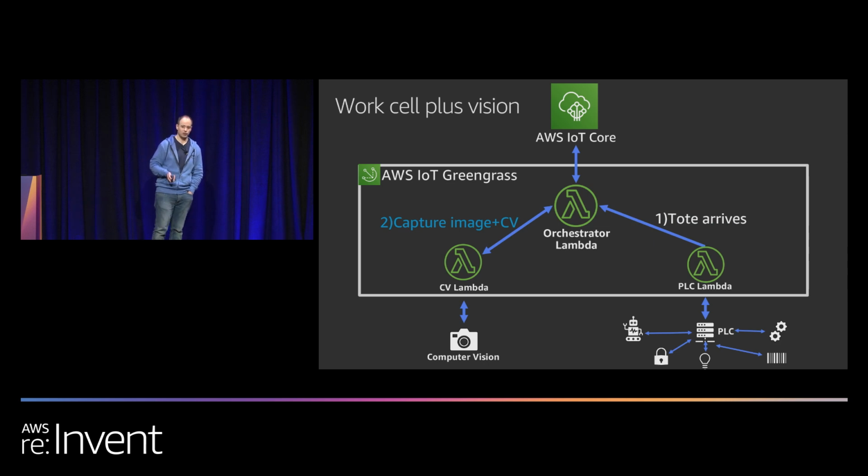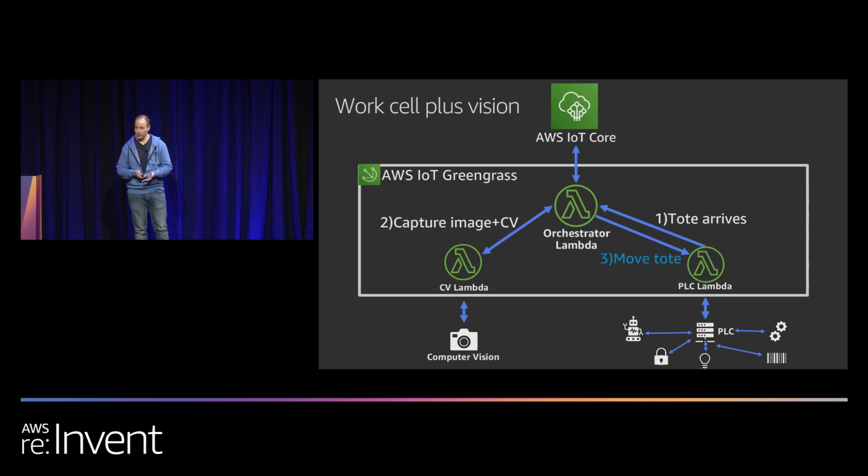The orchestrator is then going to communicate over to our computer vision lambda to capture some images, perform some computer vision algorithms, and determine, hey, is this tote a good one? Is the pallet in a good state? Maybe the tote is cracked, or maybe somebody accidentally sent down a box or another package that's not the right form factor for this Workcell. So let's use our computer vision system now to help solve those problems and take a look. And then finally, the orchestrator is going to decide, given all of that information, what do I want to do with it? Should I actually move that tote or perform some other exception handling routine?